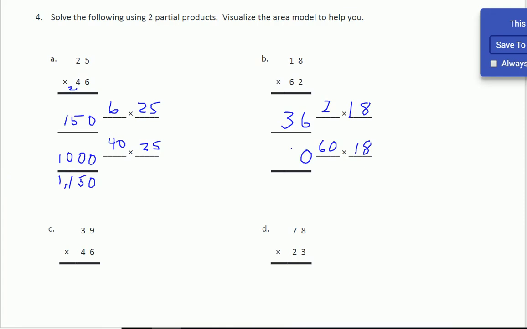So 6 times 8 is 48. Carry the 4. 6 and 4 is 10. Add this together, and you're going to get 6, 8, 9, 10, 11, and 1. 1,116.